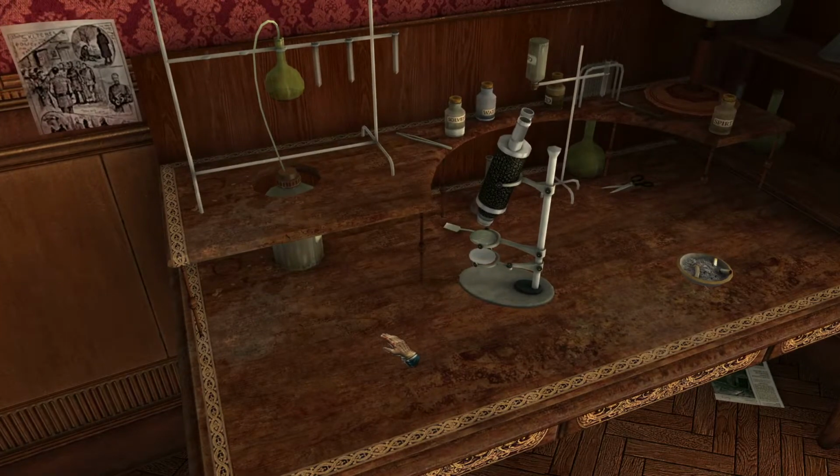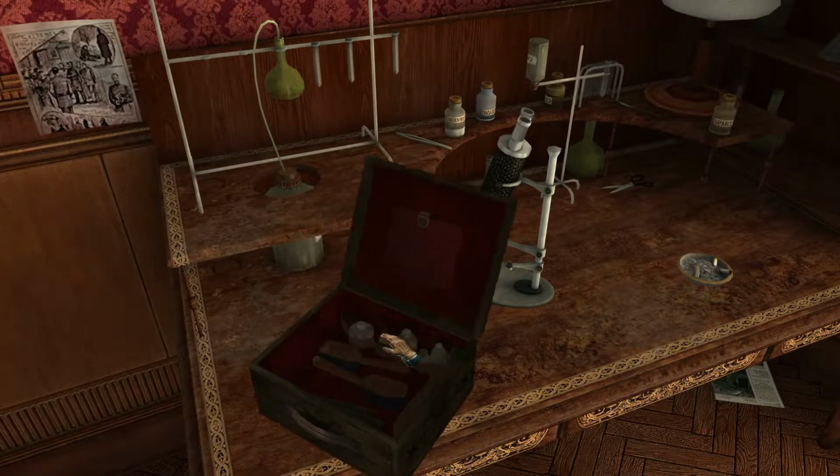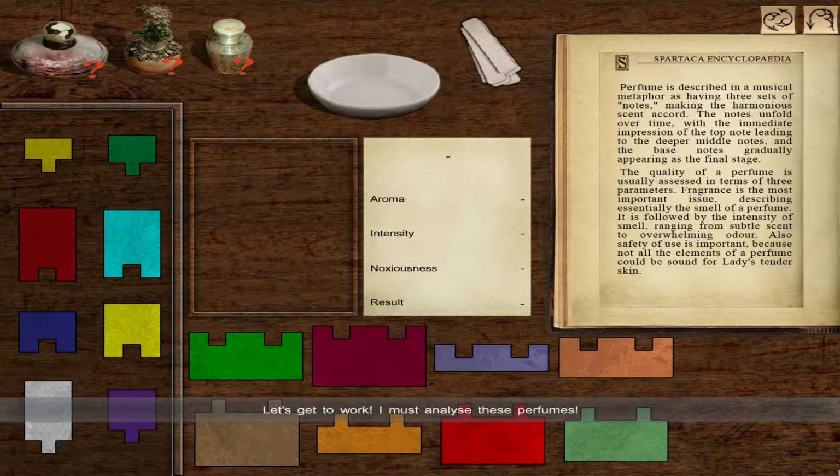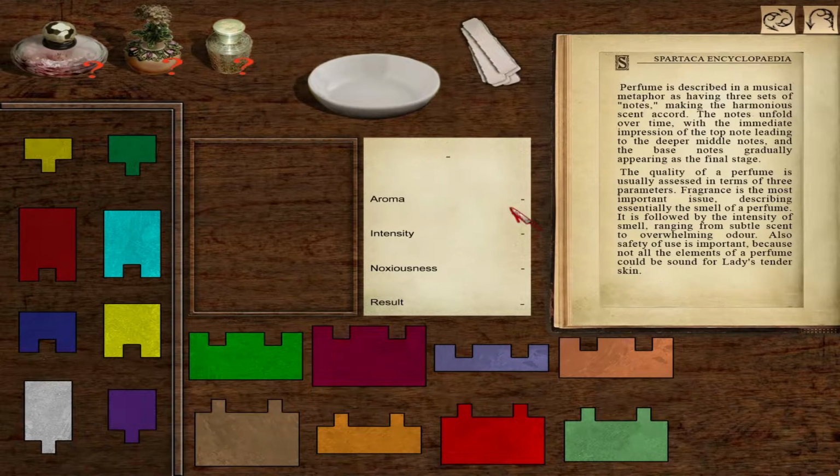However that is done. I don't know. Let's get to work. I must analyze these perfumes. Okay, so we need top notes leading to deeper middle notes and the base notes gradually appearing as the final stages. The quality of perfume.